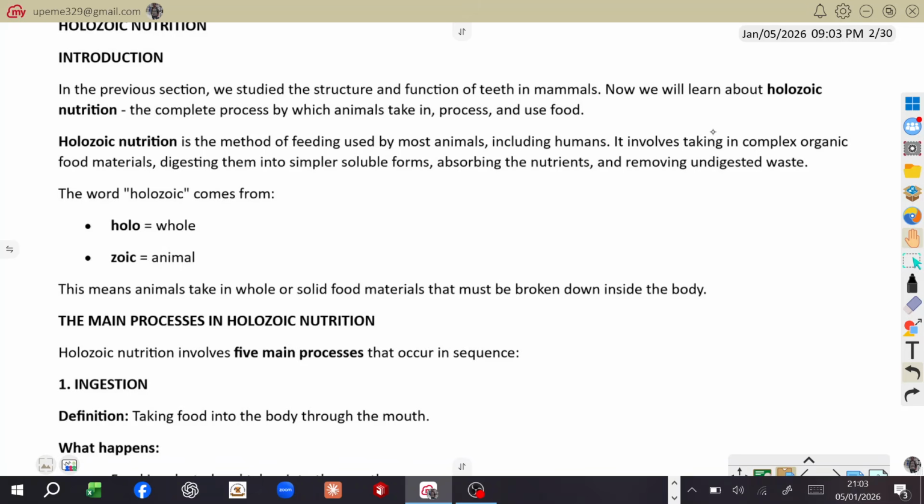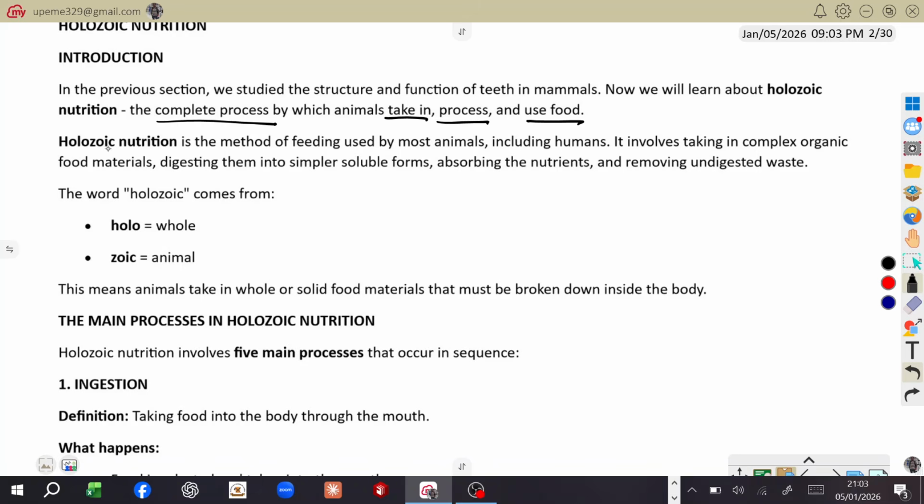Now we will learn about Holozoic nutrition, the complete process by which animals take in, process, and use food. So animals take in food, process it, and then use it. That entire process is Holozoic nutrition, which we are looking at in this lesson.